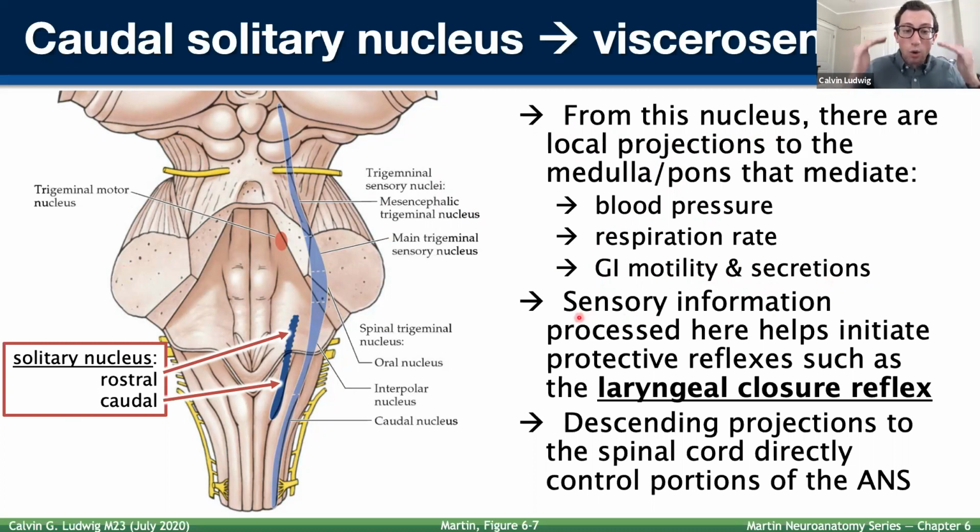So these are lower brain functions; that's where it's communicating with these low brain functions. Sensory information processed here helps initiate protective reflexes such as the laryngeal closure reflex, originating here from the caudal solitary nucleus. And then finally, descending projections to the spinal cord directly control portions of the autonomic nervous system.